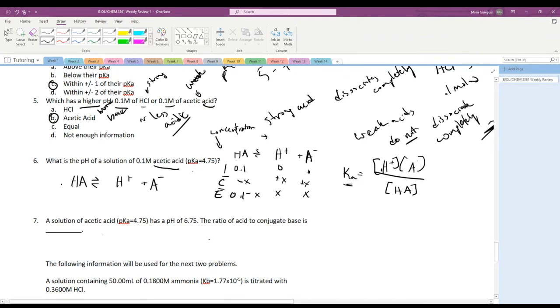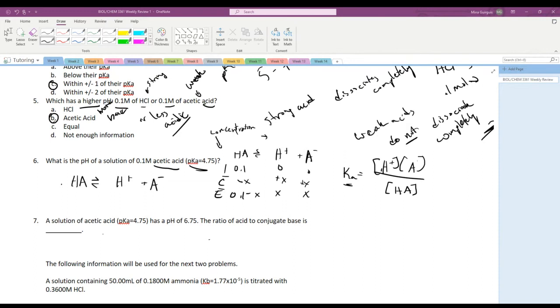So Ka, and we have the pKa. That's the next important thing to keep in mind. And hydrogen concentration. And so if I want to convert between the two, I'm going to take my 4.75, turn it into a negative number, so negative 4.75, and make that the exponent. And the base is going to be 10.